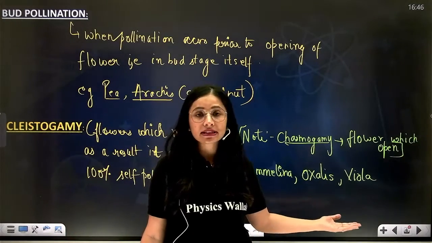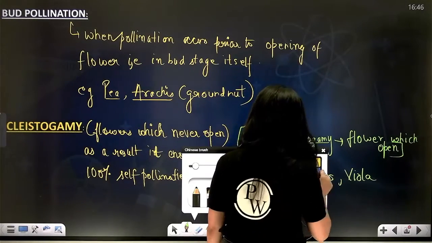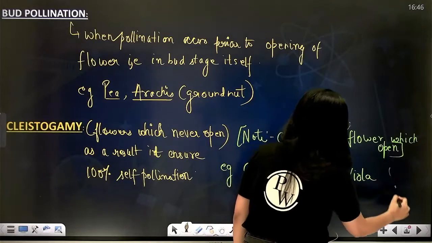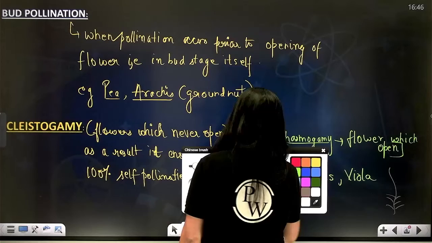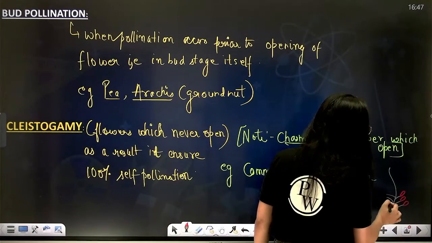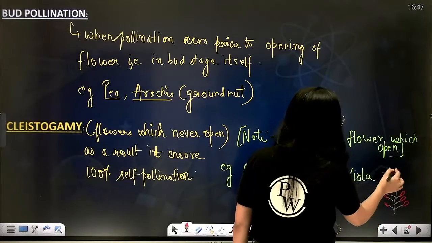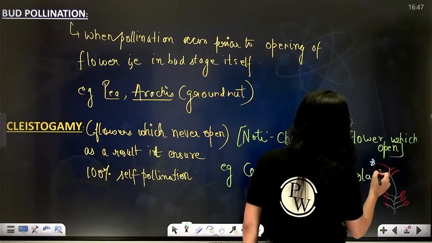The diagram is given in NCERT. These plants have two types of flowers on their body. Suppose this is a plant. On the lower side, they have cleistogamous flowers, the flowers which never open. But on the top, they have chasmogamous flowers which open.